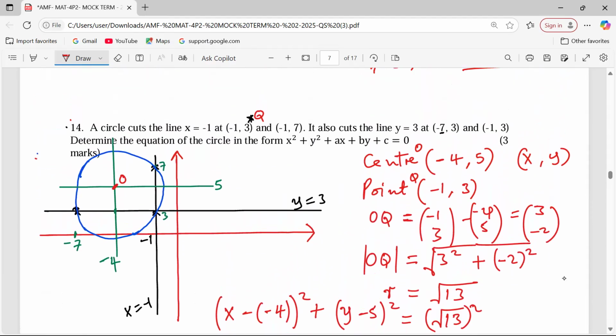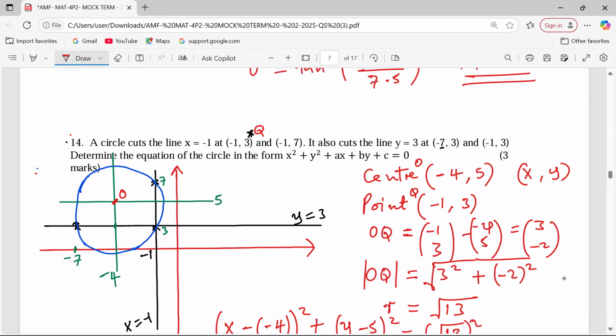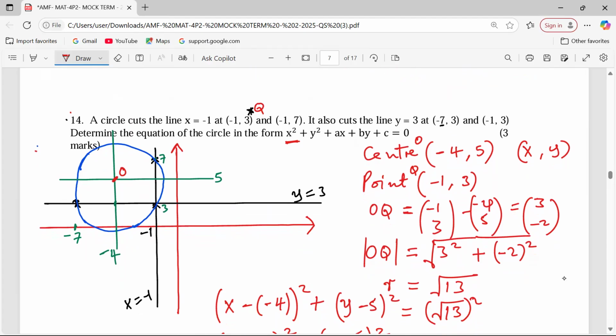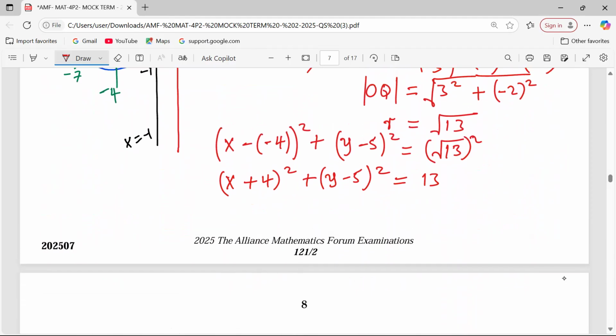All right. With this, ladies and gentlemen, we should be able now to expand the equation and express it in the format which is displayed in number 14. So let's first expand. Expanding this gives us x squared plus 8x plus 16, then plus y squared minus 10y plus 25 equals 13.